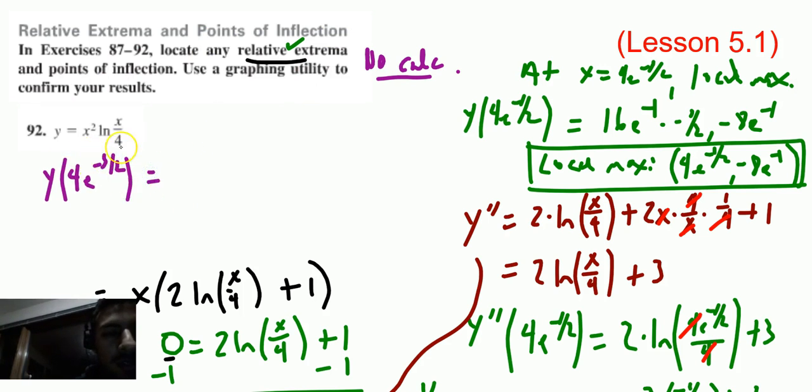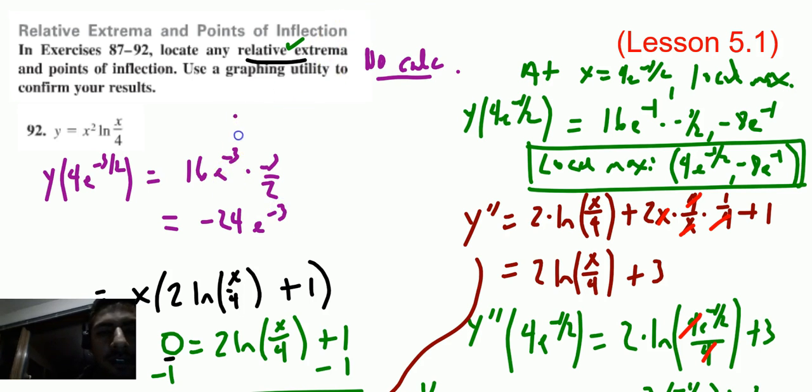And that's going to be equal to 16 e to the negative 3 halves squared, which is e to the negative 3, times ln of 4e to the negative 3 halves over 4. So the 4's cancel, the natural log of e cancels. I'm just left with the negative 3 over 2 because that comes down the front. Which means now this is going to be 8 times negative 3, which is negative 24, e to the negative 3.